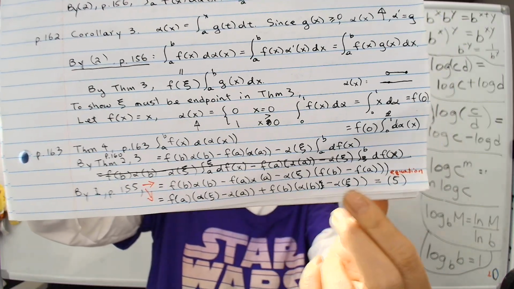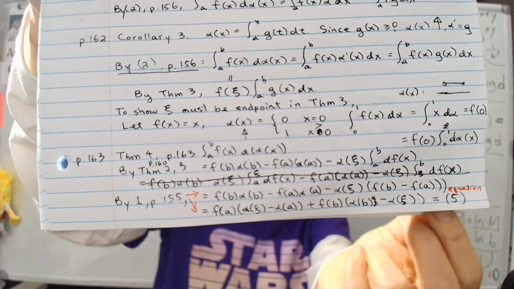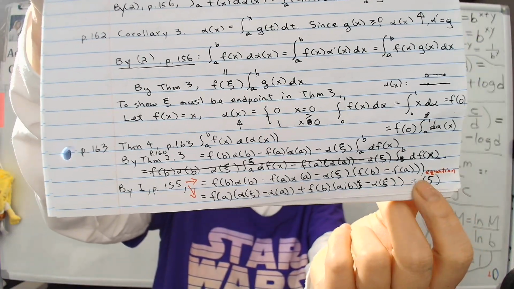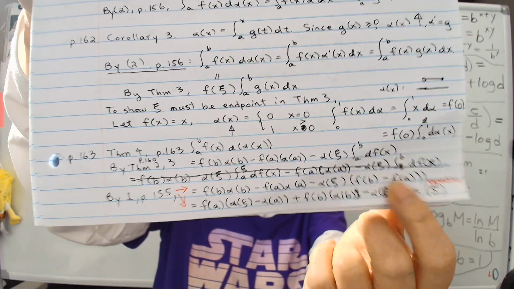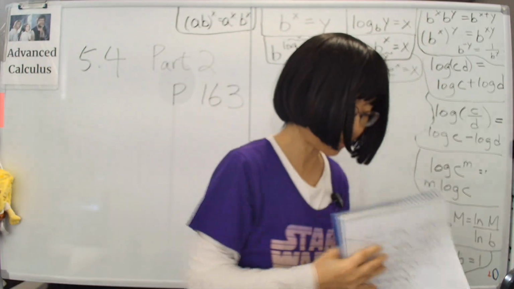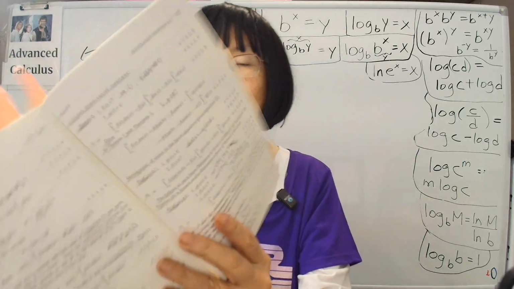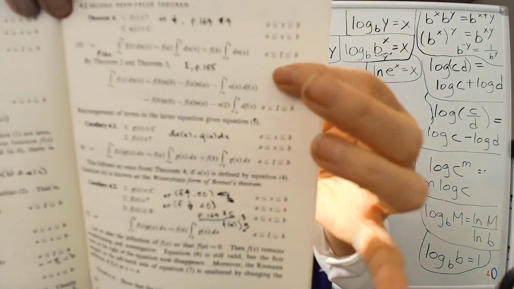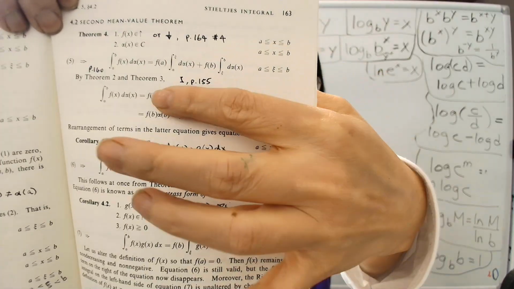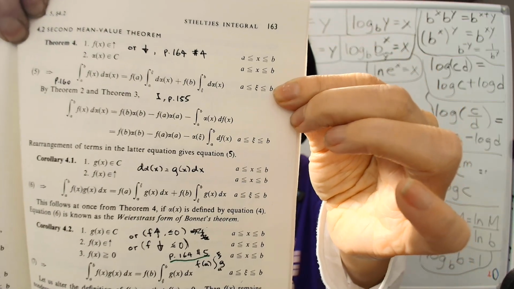Anyway, this equation is identical to equation 5 because we're just shifting the subtraction back into the integral. So we will immediately get this thing back. That's what we were trying to prove. The subtractions go back, and we have this nicely proven, and that's theorem 4.